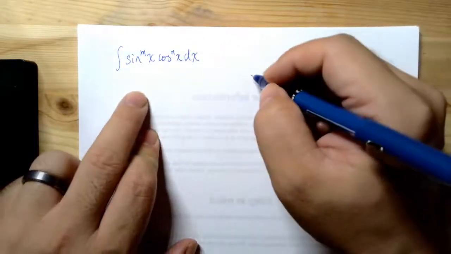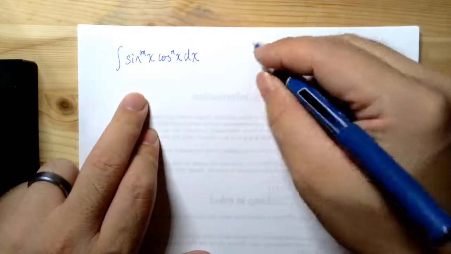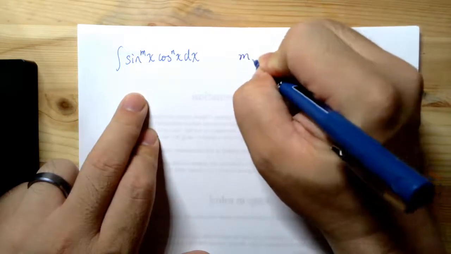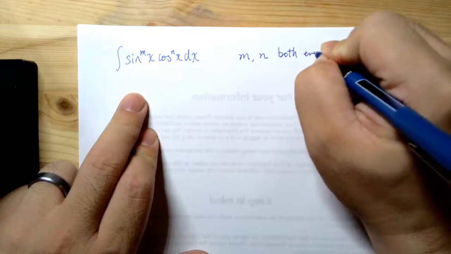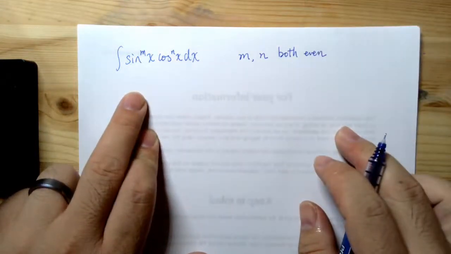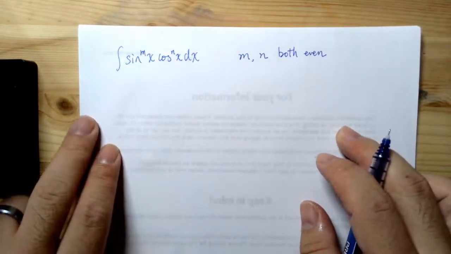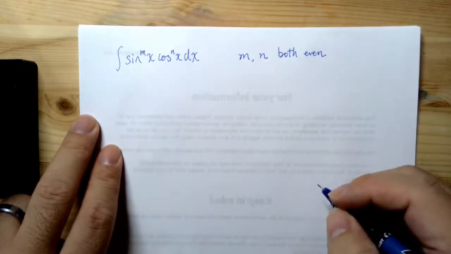Okay, so this example is when m and n are both even numbers, and then the approach is different.